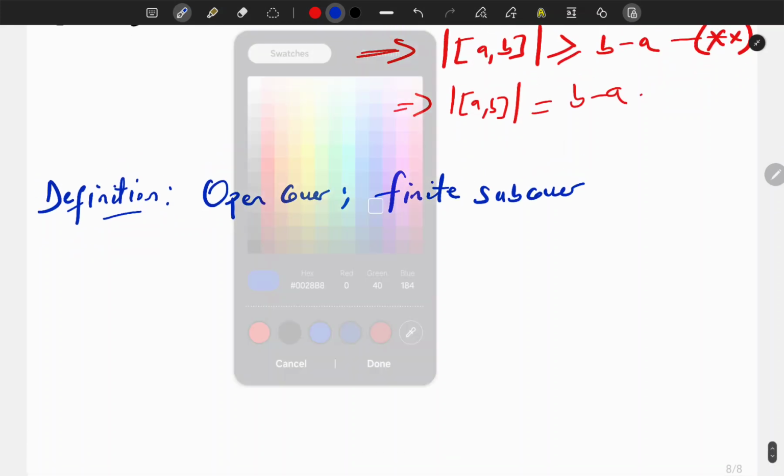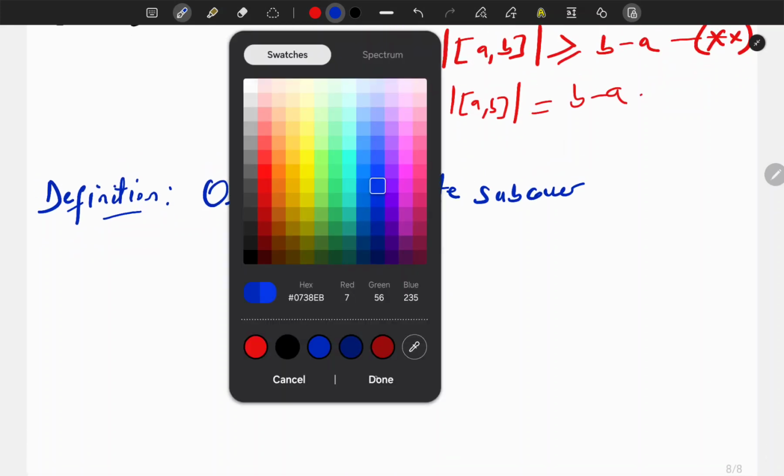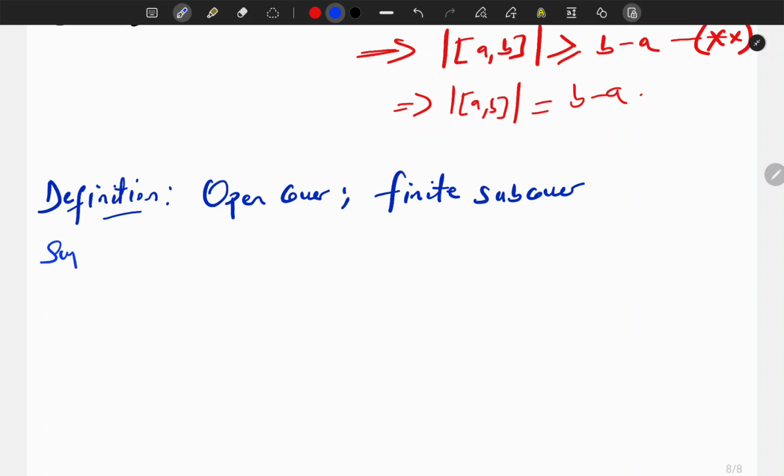So suppose A is a subset of R. A is a set and can be an arbitrary set.